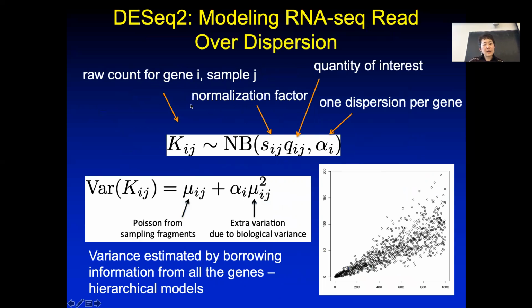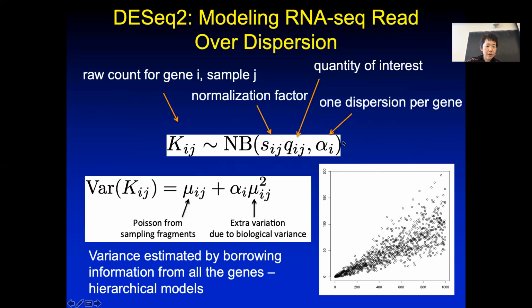There is a normalizing factor. We'll talk about that normalizing factor a little bit later. And this is the quantity of interest. This is the actual gene expression that you want to estimate.